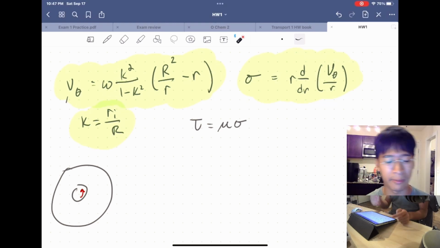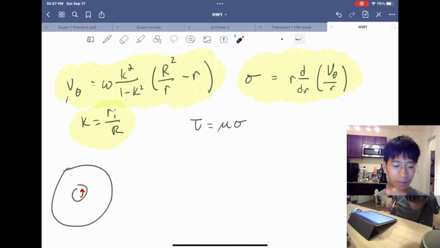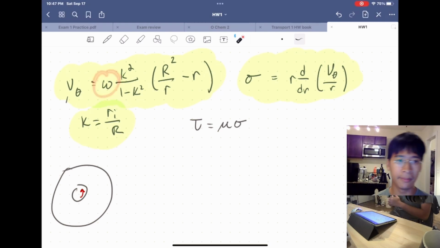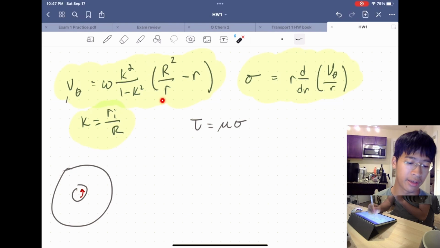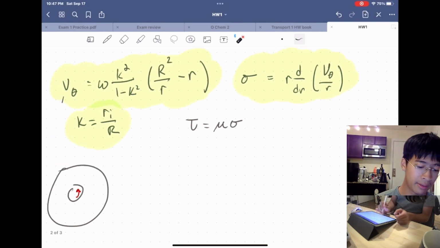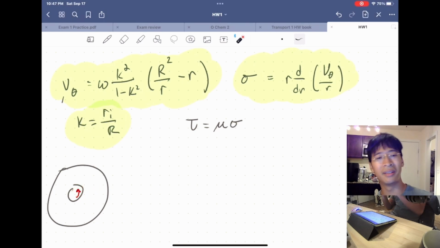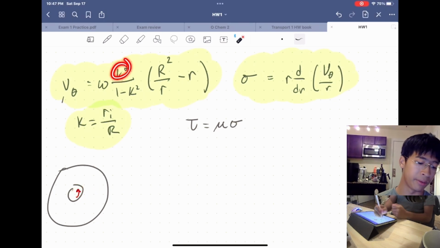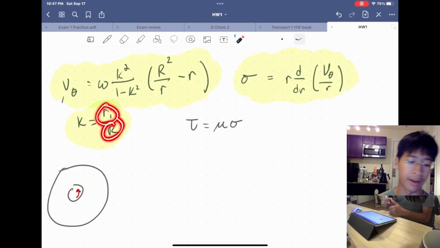This is the velocity profile for two concentric cylinders. With angular velocity, omega, big R, our outer radius, and R, our radius where we're analyzing our velocity, right? And we also have K, where K is simply the ratio of inner radius to outer radius.